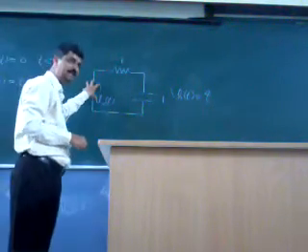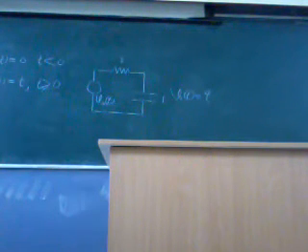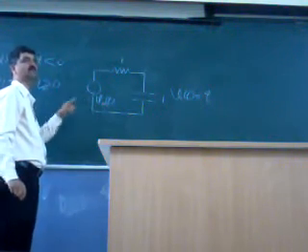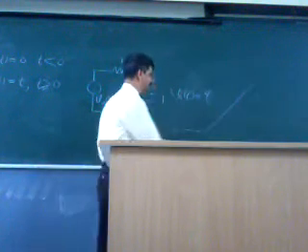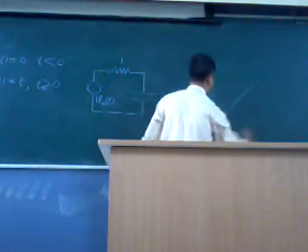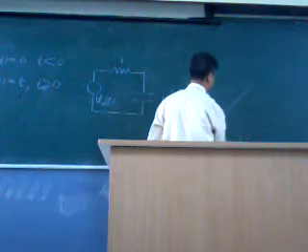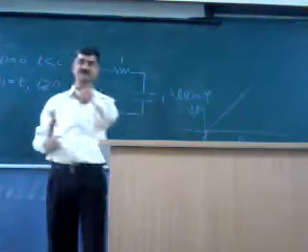Whatever V in T is, it is of this form. Whether I would be able to give it, if I am able to give it, how I should give it, that is right now not our point of discussion. V in T which is being applied here is 0 till T equal to 0, and it is of this nature. It is 0 and then it's a 45 degree straight line. So you can find Laplace transform.